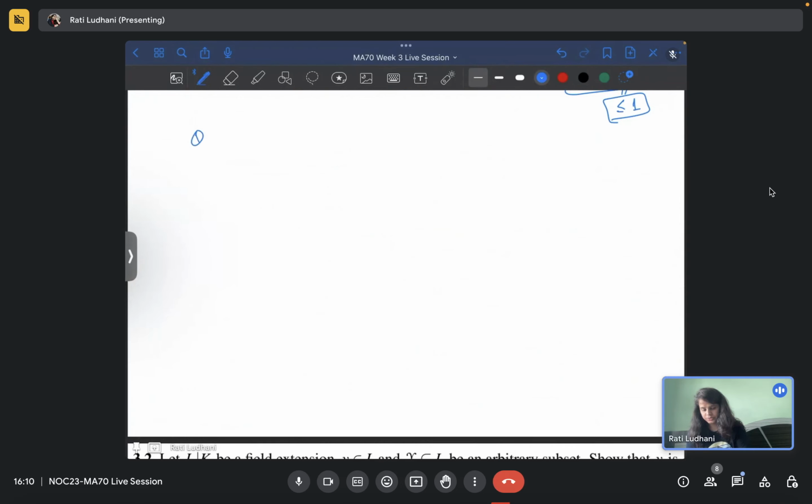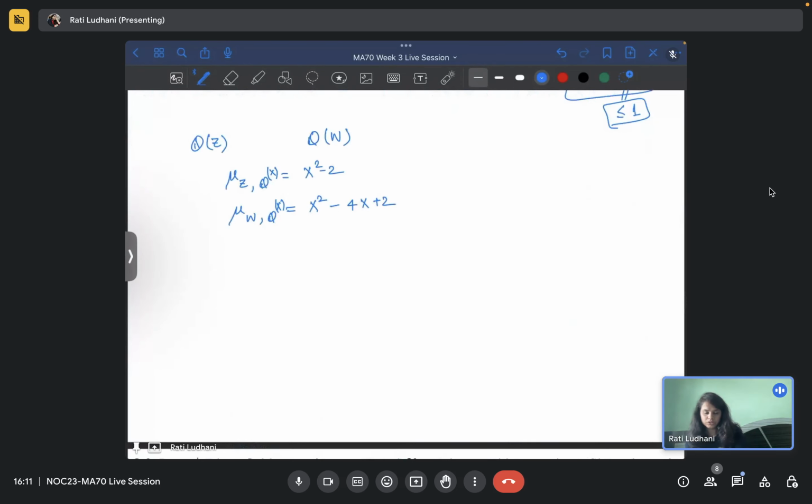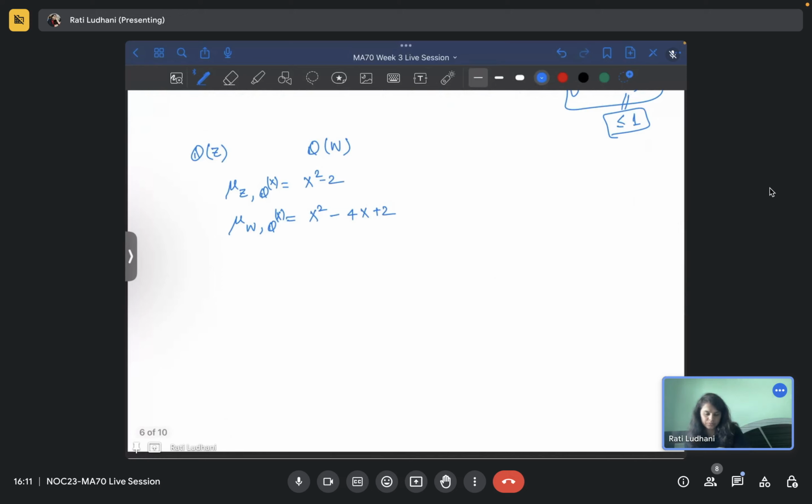So you have Q(z) and you have Q(w), and the minimal polynomial of z over Q is given to be x squared minus 2, and for w it is given to be x squared minus 4x plus 2. So we need to find the isomorphism between these two fields.